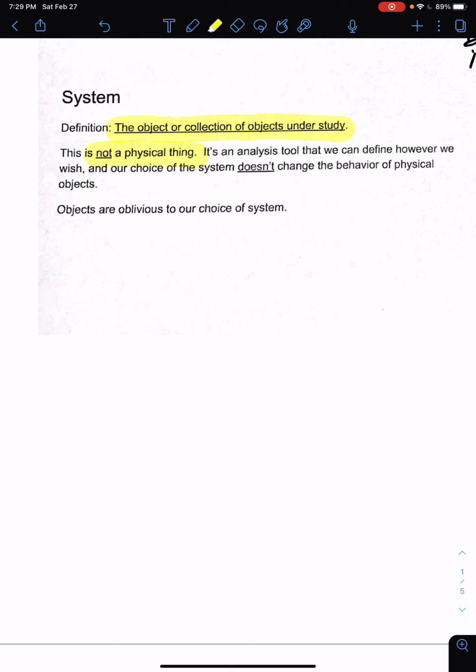The system is an analytical tool, meaning it doesn't change anything. It is something that helps us understand the problem. Let me write that down. A system helps us solve the problem.